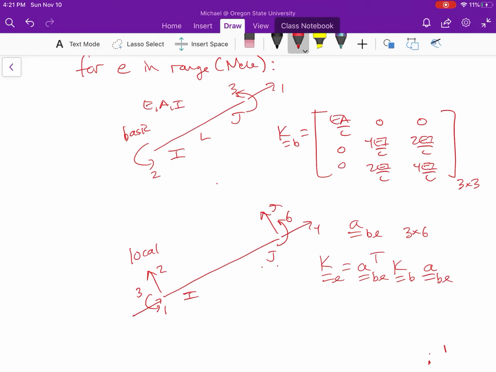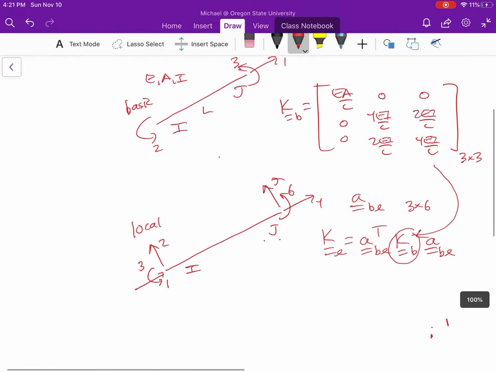What that does is take the basic stiffness, the kernel, and multiply on the left and the right by ABL transpose and ABL, respectively, and it transforms this 3x3 basic stiffness into a 6x6 local stiffness.